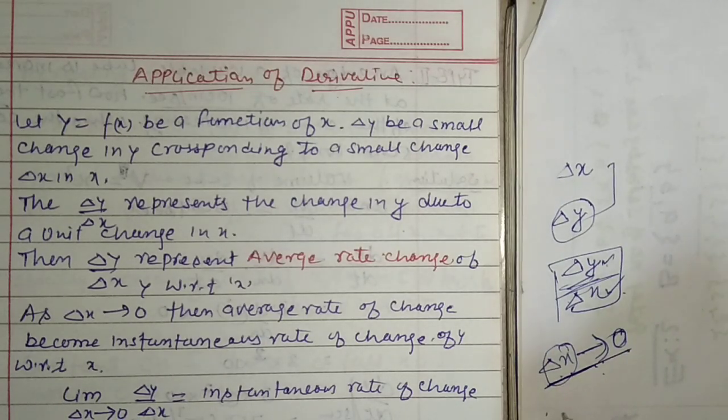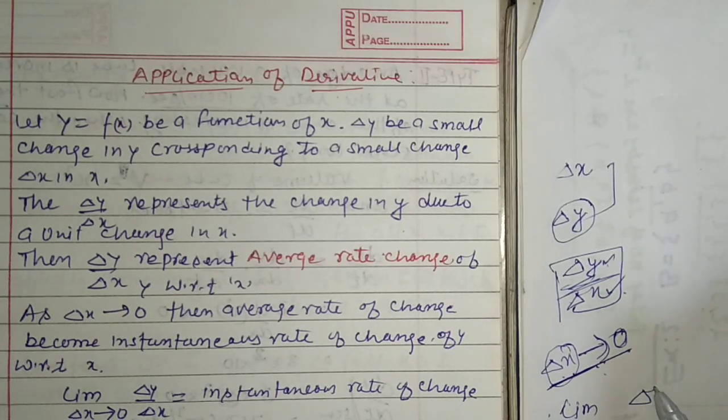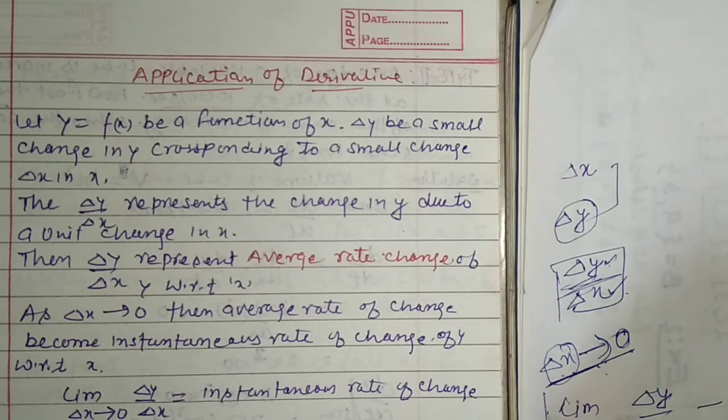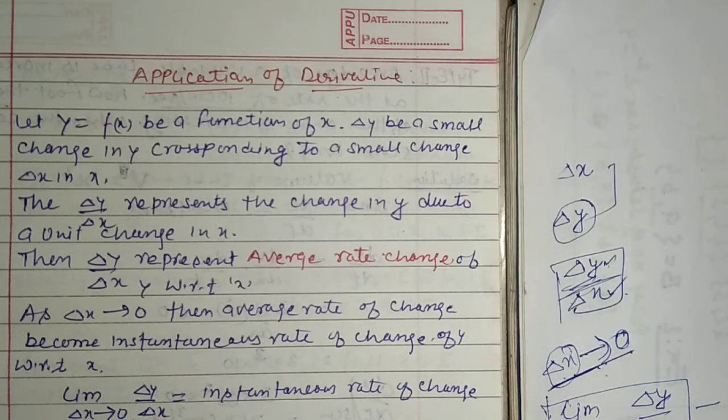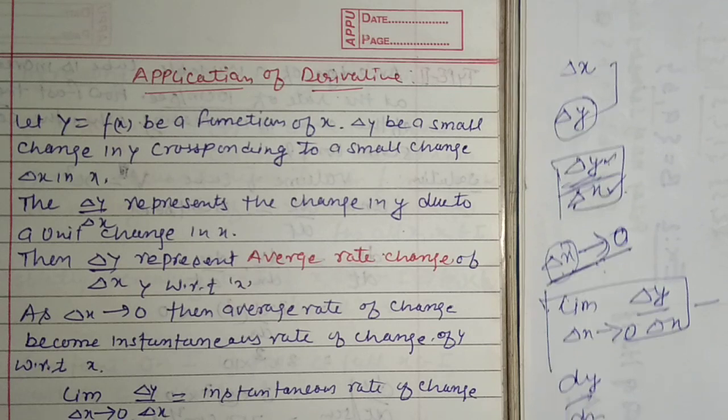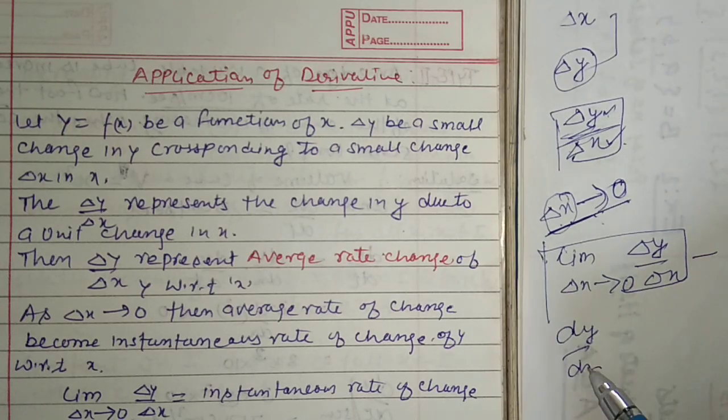So we write it as limit del x tends to 0 of del y upon del x. Clear? So that is called instantaneous rate of change, and this is denoted by dy upon dx.